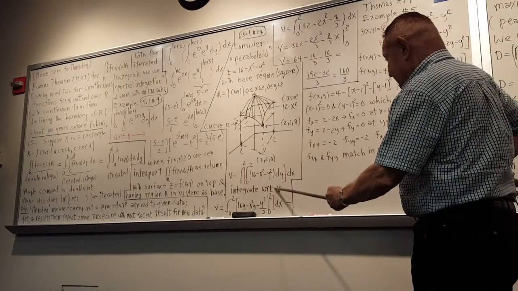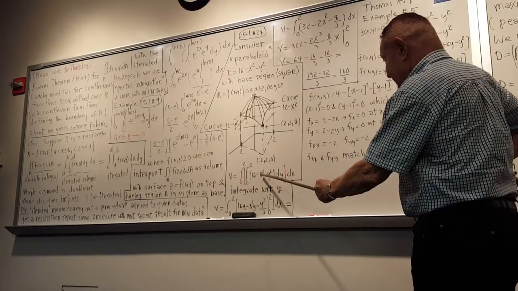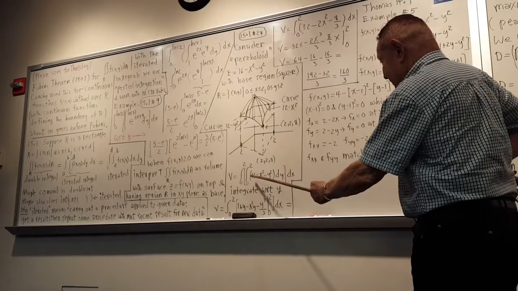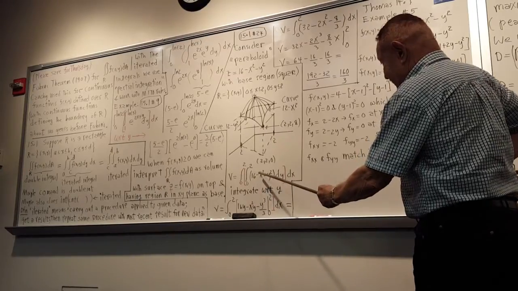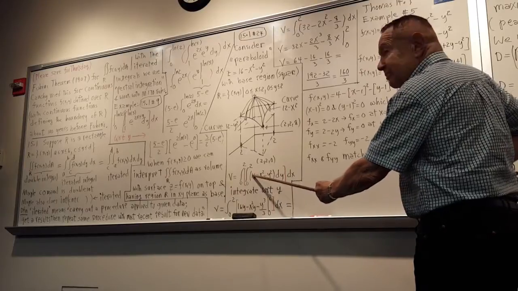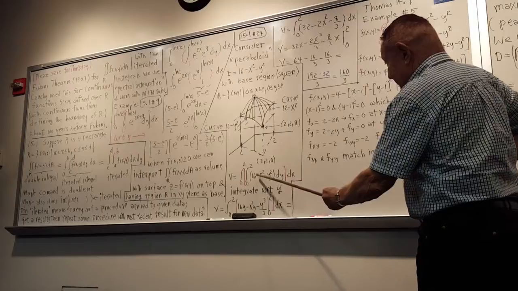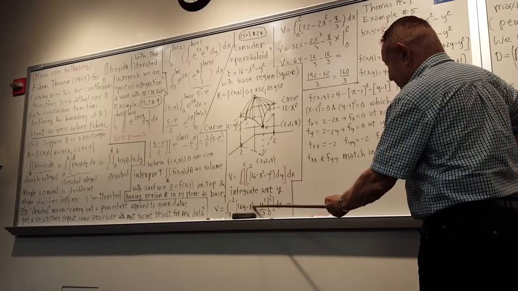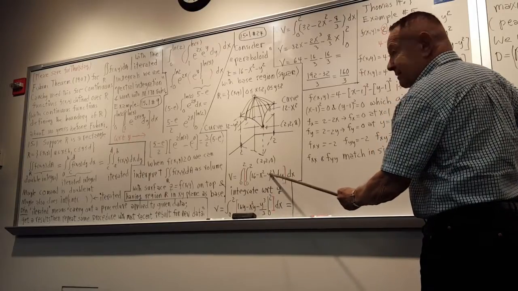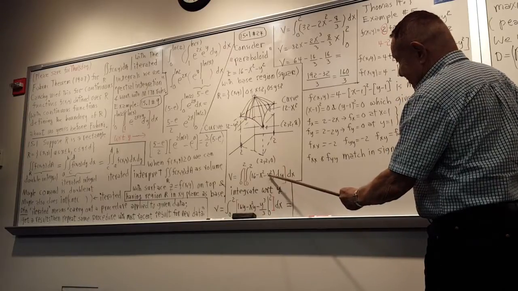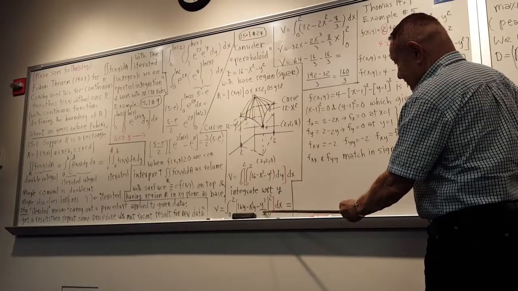So if you integrate with respect to y, you're treating x like a constant. So you're treating the x squared the same way you're treating the 16. So you get 16y, and you get minus x squared y, and then with the y, you treat it like a variable, and you get y cubed over 3.